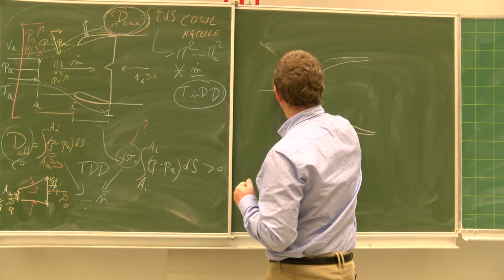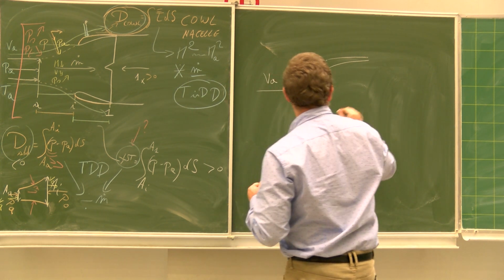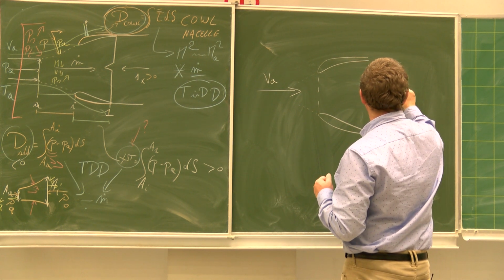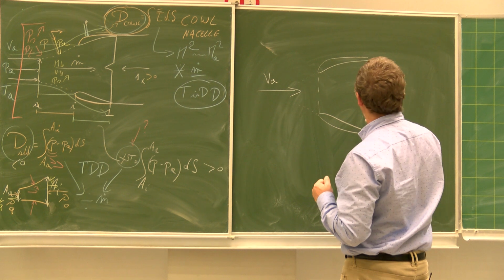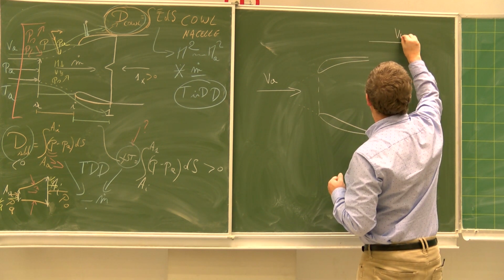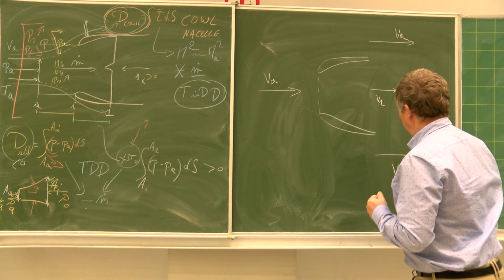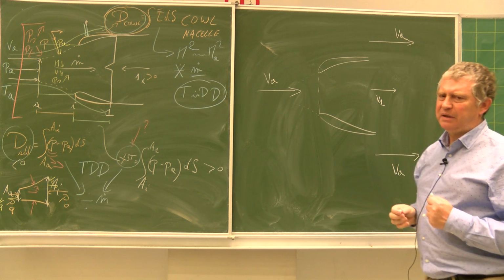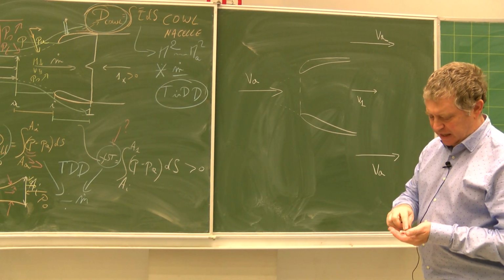And you have a flow that is flowing at a speed VA here, and that is leaving the system at a speed V1 that is smaller than VA, but around you are also passing with a speed, let's say VA, or maybe a bit different compared to VA, but much related with VA.